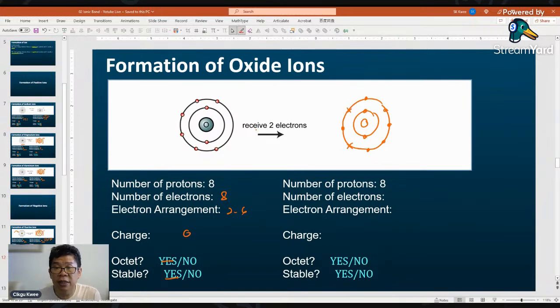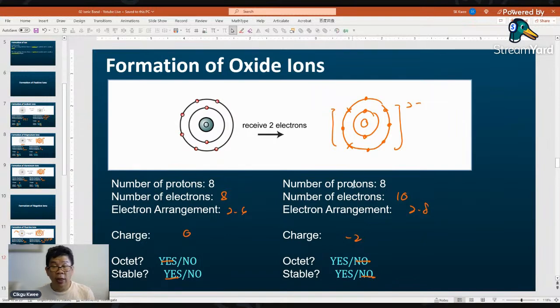It received 2 electrons, and after receiving 2 electrons, the charge becomes 2 negative. The number of electrons was initially 8, after receiving 2 electrons, it becomes 10. Electron arrangement 2, 8. Yes, it is octet and stable. And the charge is negative 2 because we have 2 electrons more than protons.